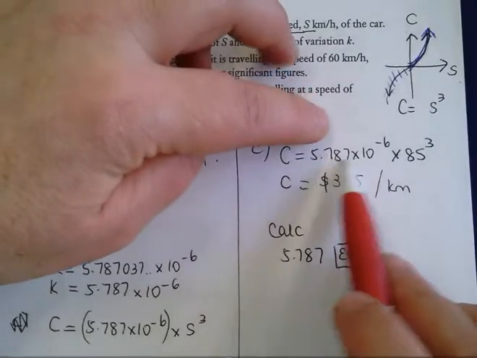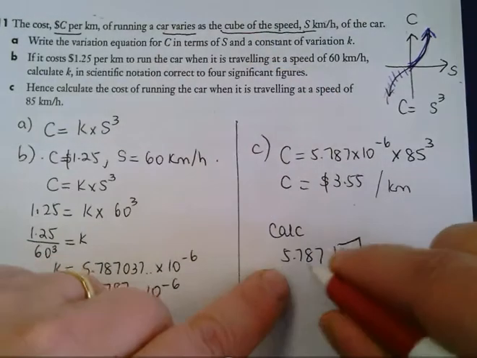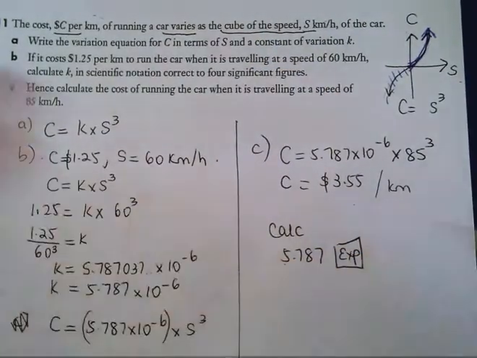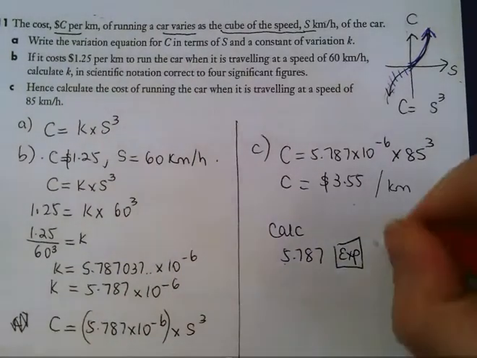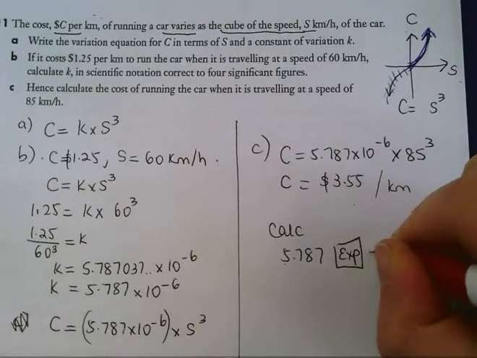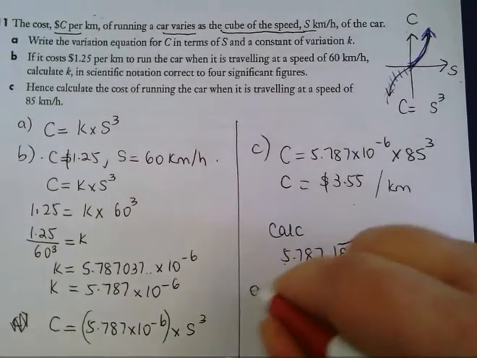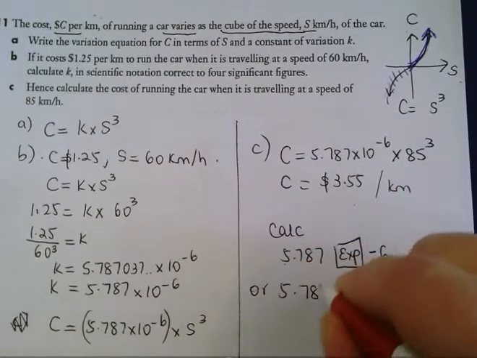If you cancel 5.787 times 10 to the negative 6 on your calculator, you go 5.787. You press your EXP button. When you press that, times 10 to the power comes up for you. Then you press your little negative button, not minus, negative button, 6. That's how you enter it. Or you could go like this, 5.787.